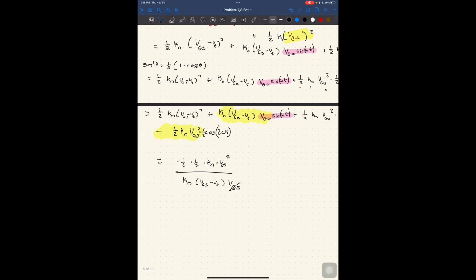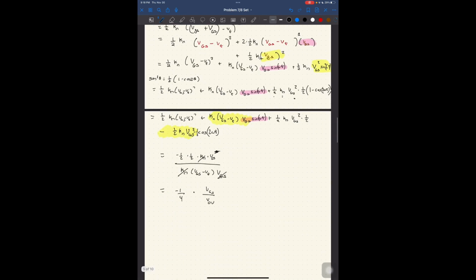And then I could cancel this with this, and this with that, and I'd end up with minus 1/4 times VGS over VGS minus VT. Whoa, and that's nothing but VOV.